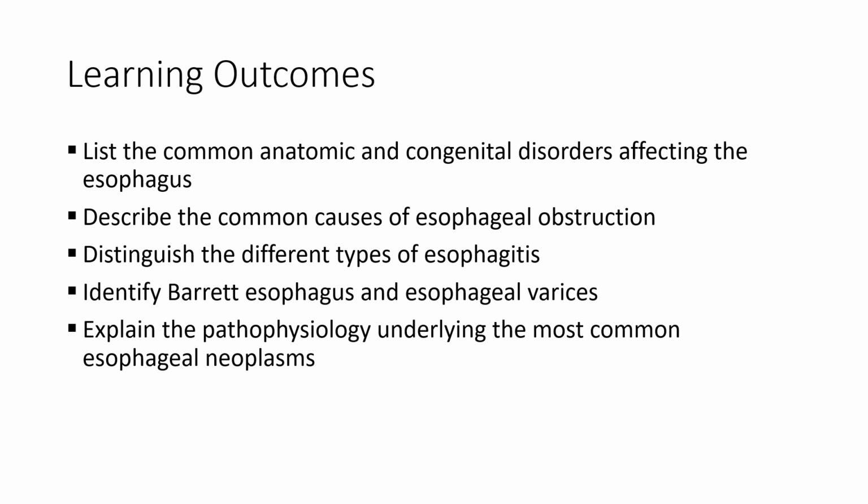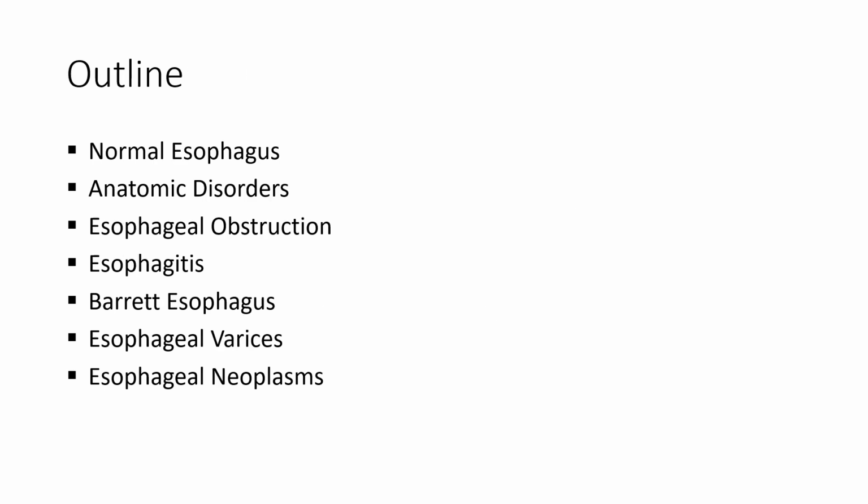You should be able to describe the common causes underlying esophageal obstruction and to distinguish the different types of esophagitis, to be able to identify Barrett esophagus and esophageal varices, and to explain the pathophysiology underlying the most common esophageal neoplasms. So this is the outline that we will follow in order to achieve the learning outcomes.